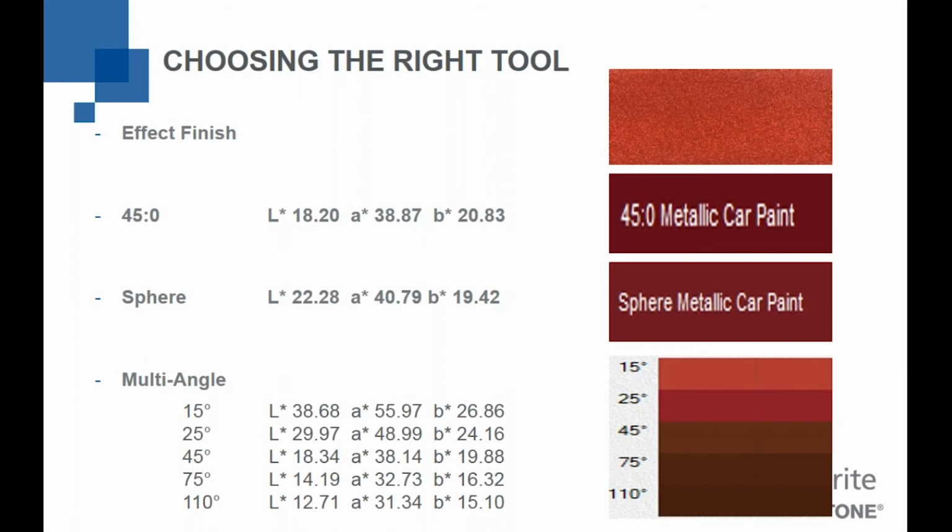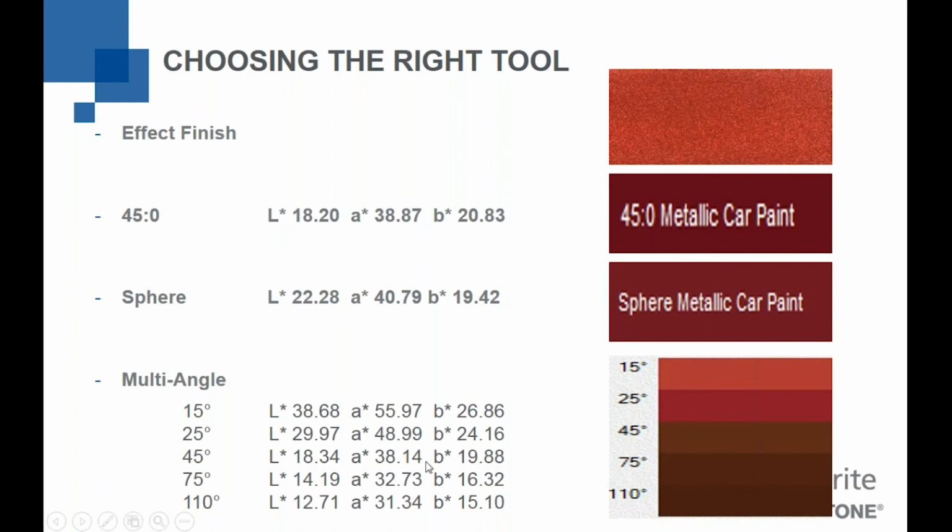That being said, there are some metallic colors where it's going to have those effects, but they aren't critical to me. And so just a 45-0 measurement would be sufficient. And what's really interesting is if we look at the data for the 45-0 instrument and compare it to the 45-degree angle of the multi-angle, you'll see that those measurements are very close to each other.